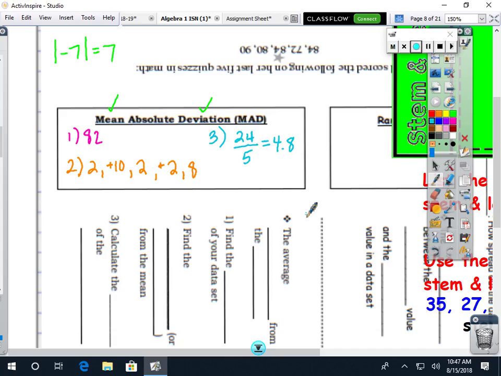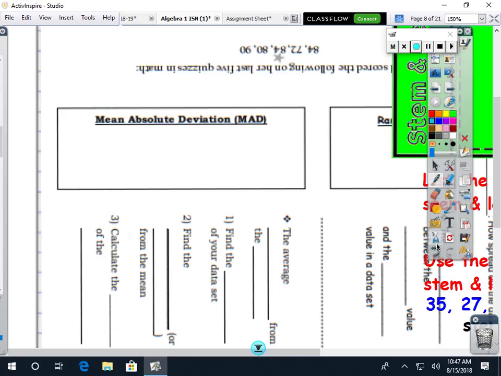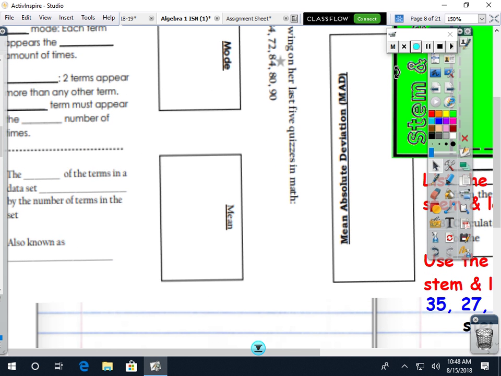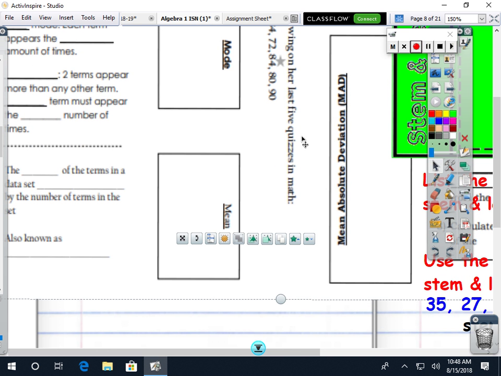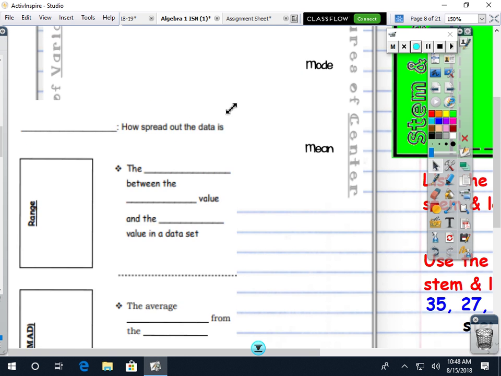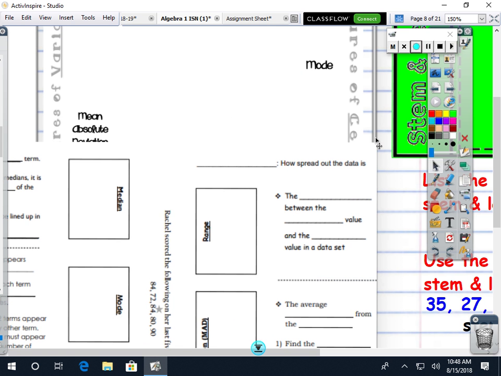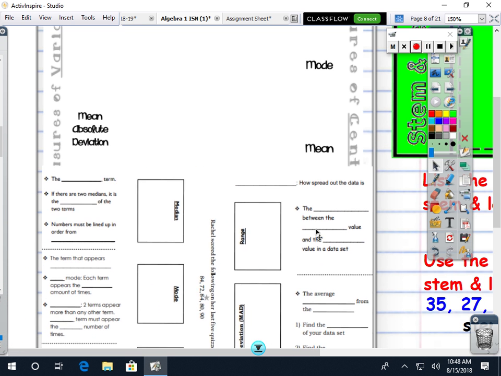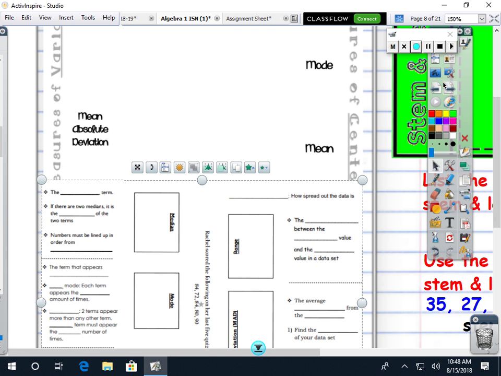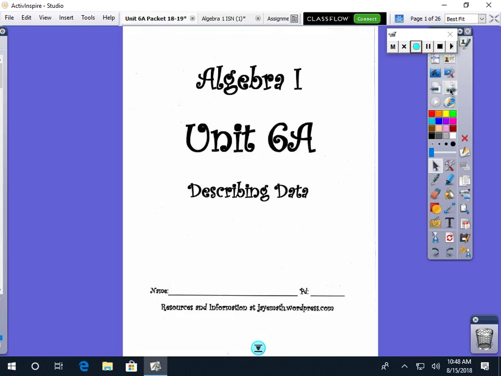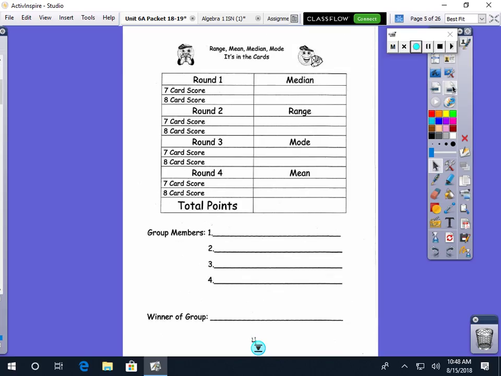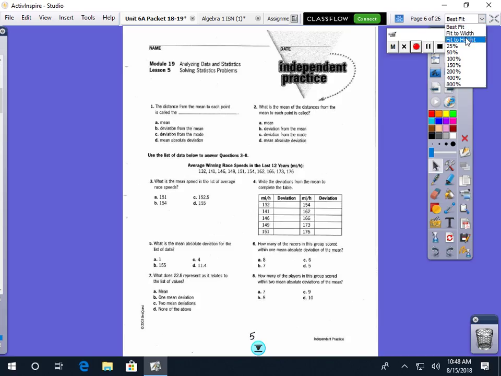And we're going to flip a couple of pages to page 5. Okay, page 5, number 1.